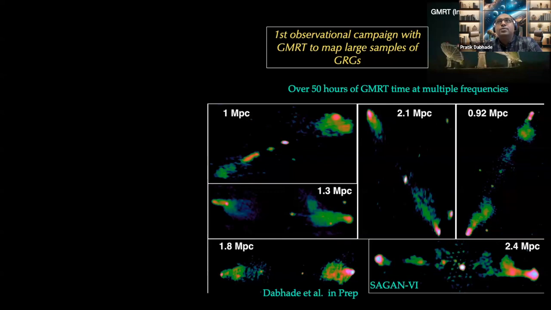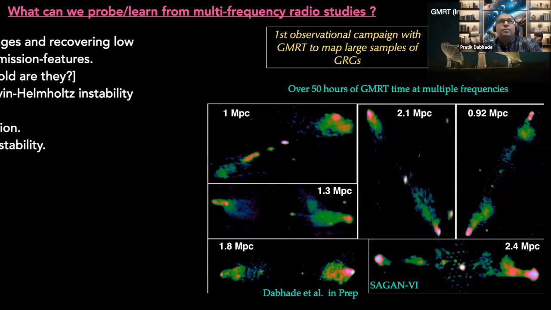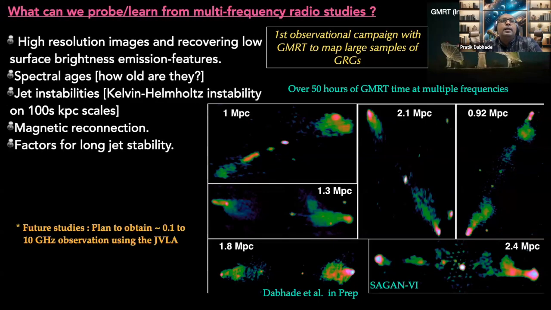Before that, I'll come to our results with GMRT. We did this first observational campaign with GMRT, over 50 hours of data of a large sample of GRGs, which allows us to nail down their morphologies, to detect and study the large scale jets, detect the instabilities I showed before, study the factors behind them, and of course get spectral ages.